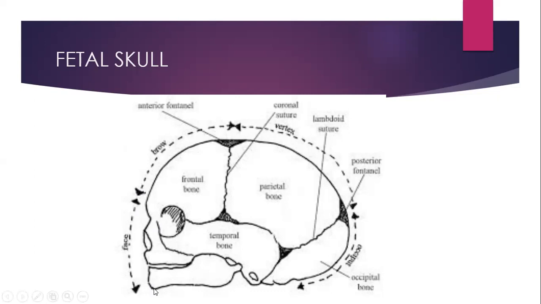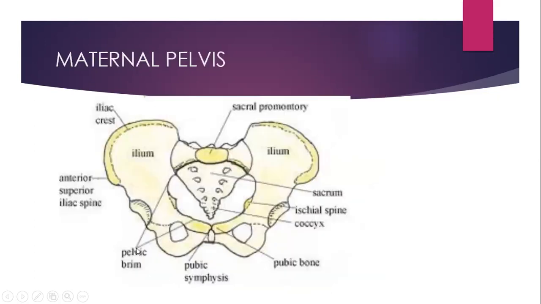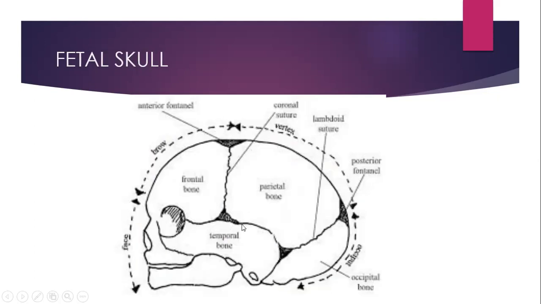It starts from the mentum to the vertex. This is the mento-vertical line. Please write it down. From the mentum to the vertex, this is the mento-vertical line, which is 14 centimeter.